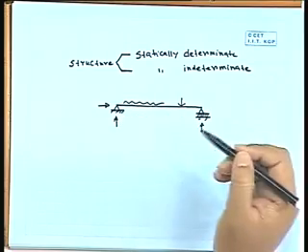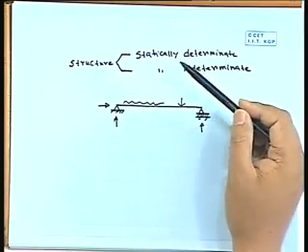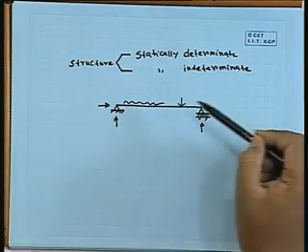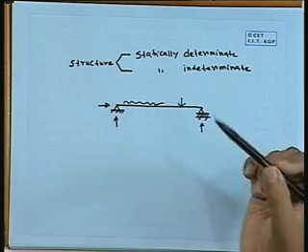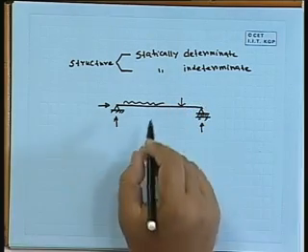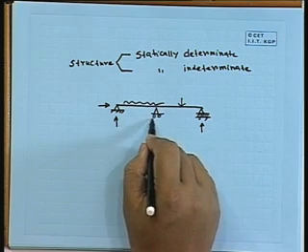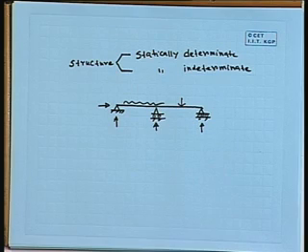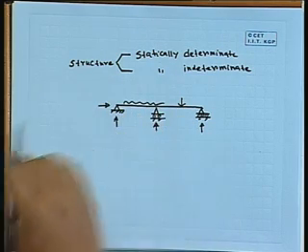Right. Now here the 2 equations are: we can take the summation of vertical force along the y direction, and we can take moment about this point A, or we can take moment about the other point B. Now if we have some third support here, definitely there will be 3 reaction components plus 1 horizontal component.